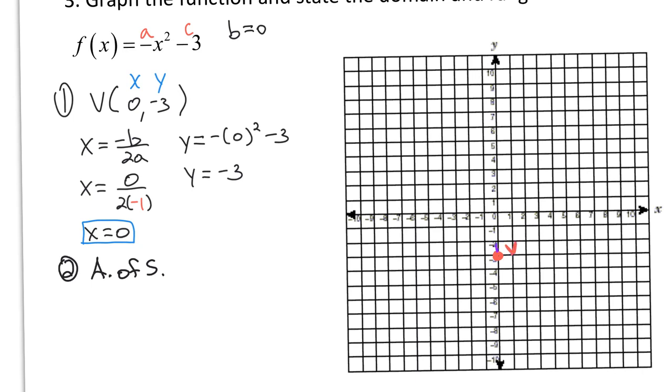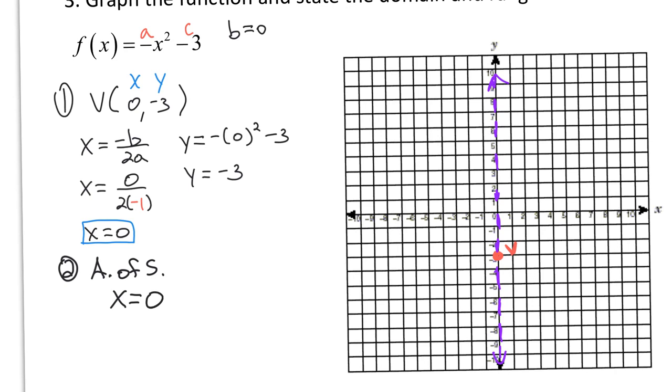So my dashed line is going to go through that point, vertical, and it's going to cut the parabola in half. And this is what helps us to copy, reflect the points on the other side after we find 2 points on one side of the parabola. So the equation though of the axis of symmetry will be x equals your x value in your vertex. So the x coordinate is the same one, same equation for the axis of symmetry.